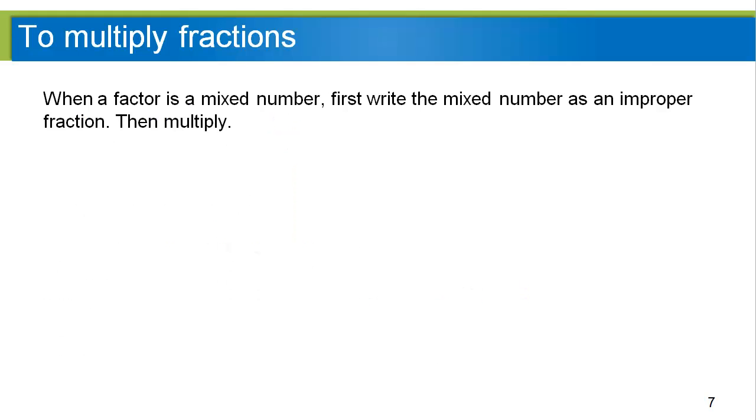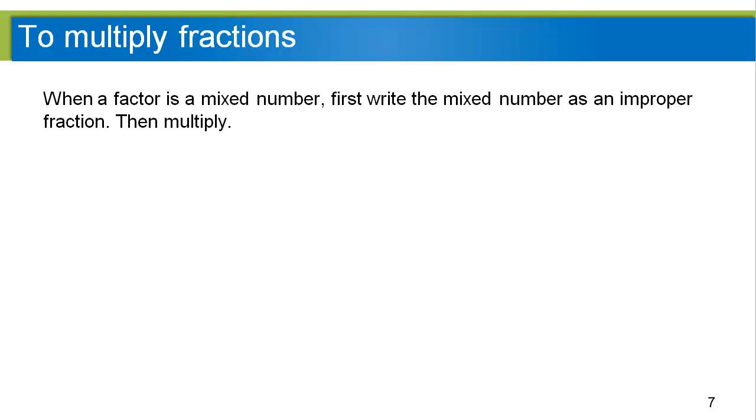Okay, when a factor is a mixed number, we want to first write the mixed number as an improper fraction and then multiply. That's why, in other videos, we learned how to switch from mixed numbers to improper fractions, because if we're going to work with mixed numbers, it's a lot easier to work with them as improper fractions.